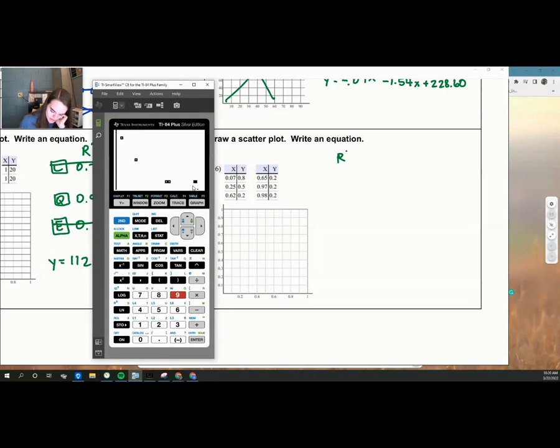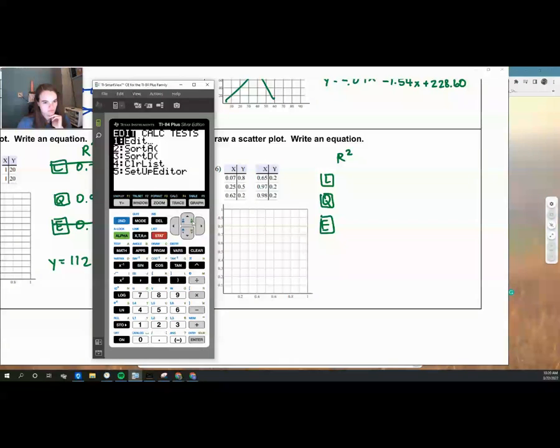So R squareds, linear, quadratic, exponential. That is not very good. R squared for linear. So let's run quadratic. That's pretty good, 0.998. So it could be quadratic.